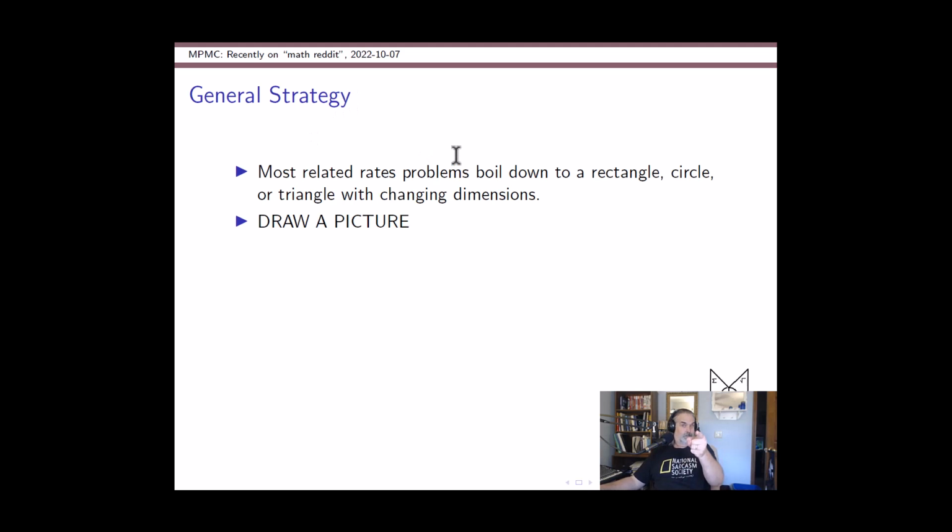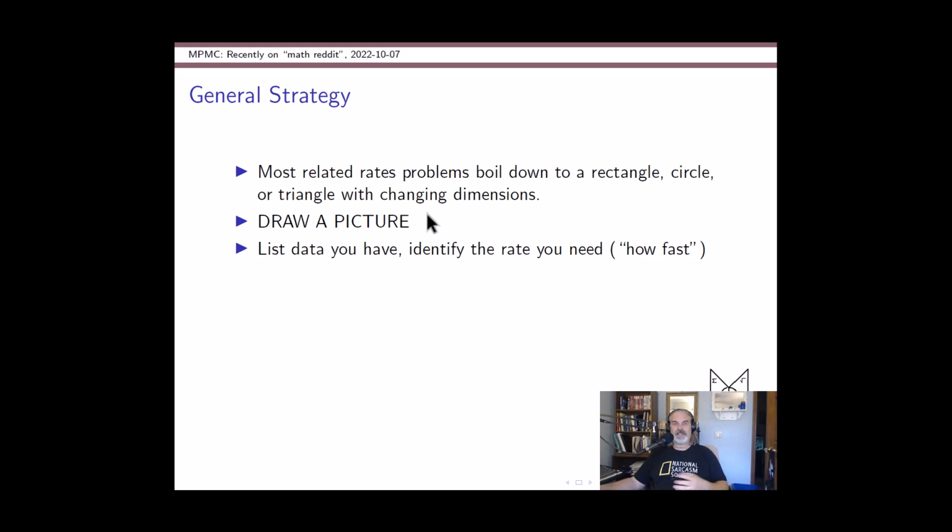So, draw a picture. Dang it. On that picture, list out the data that you have and identify in particular if I've labeled the diagram with X, Y, and Z. Somewhere in the question, there's going to be a prompt that says, how fast is this thing changing? Well, that identifies the rate of change that you need to calculate.